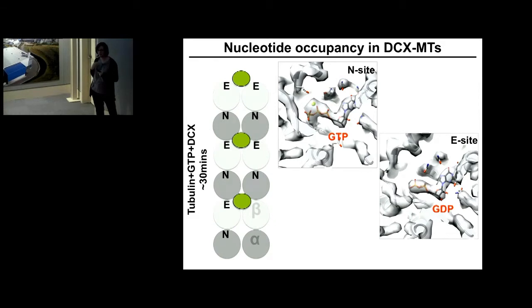Having the power to see this kind of detail in the active site also allows us to address questions in terms of sensitivity in the presence of different nucleotide analogues, and that's yielding some quite interesting results, both in terms of how Doublecortin responds to the biochemistry of tubulin, but also what it can tell us about how tubulin itself is responding to the different nucleotides.